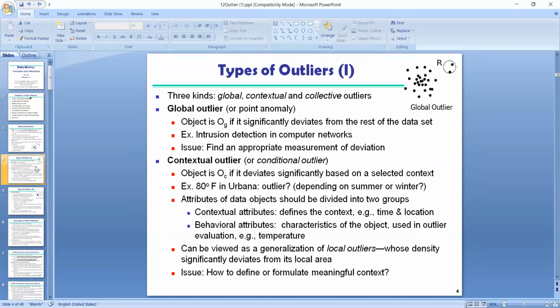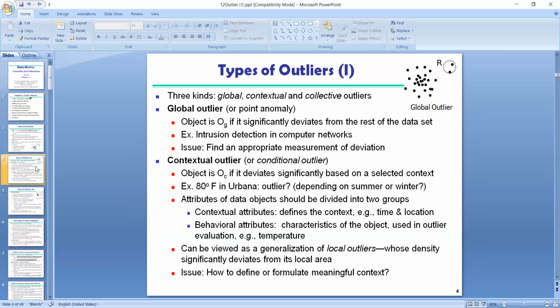Whether it is an outlier or a normal thing depends on the context. If it is winter, 12 degrees centigrade is not an outlier, it is normal data. But if it is summer, we can call it an exceptional behavior and an outlier. So contextual outliers depend on the context and behavior.